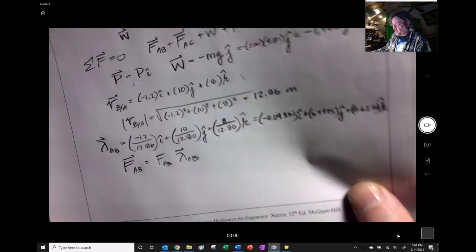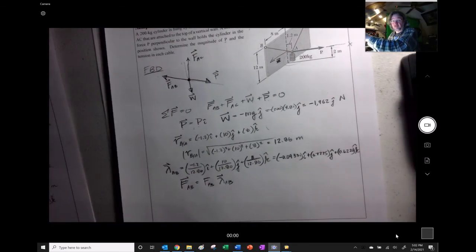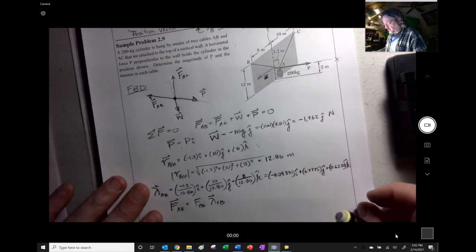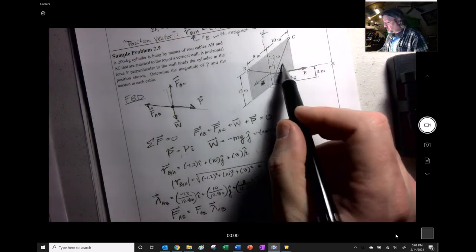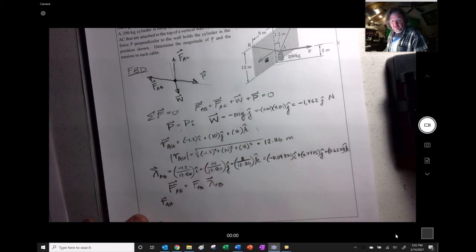Now for the other vector right here, I want to go AC. So a lot of things are going to be the same. I'm going to take the C with respect to A position vector.